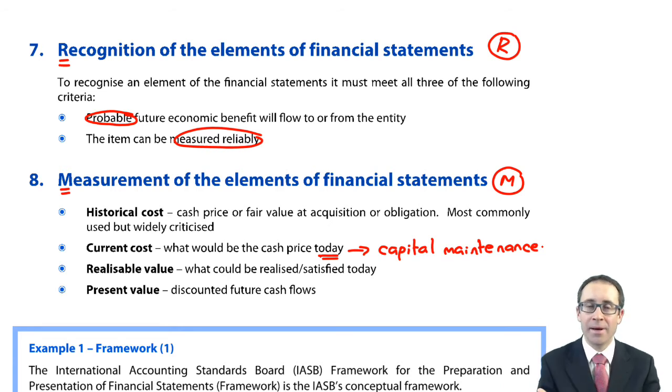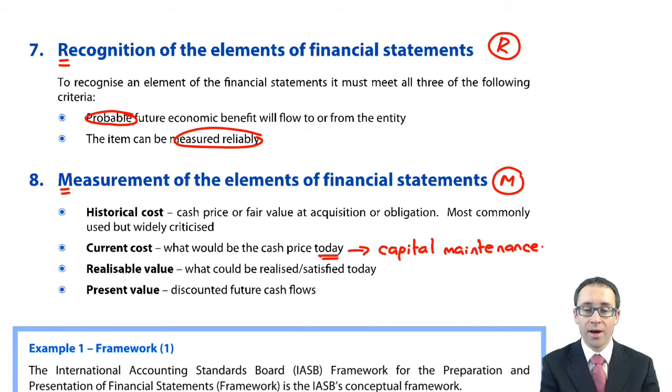That is a measurement basis, what it could be sold for today. And if the NRV is lower than the cost, then you would record it at that lower realizable value, because it gives a more faithful representation, doesn't it, of the economic reality of what would happen within the business. You will sell that inventory at below its cost, so therefore recognize it at its realizable value.